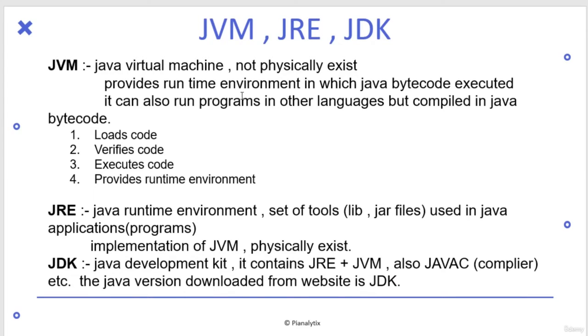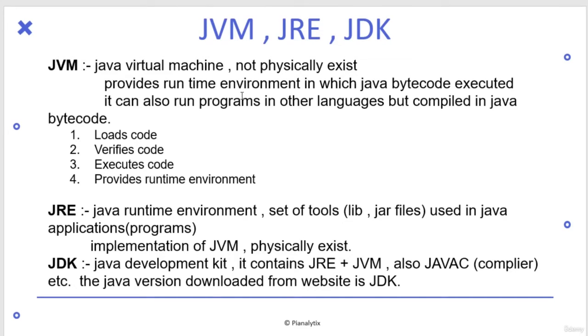What is meant by bytecode is that you write Java syntax, which is a higher level language, but the machine knows only the lower level language, 1010 machine language. So it converts that bytecode and executes it. It also runs programs in other languages compiled for the JVM, for example Kotlin, which also supports the JVM.